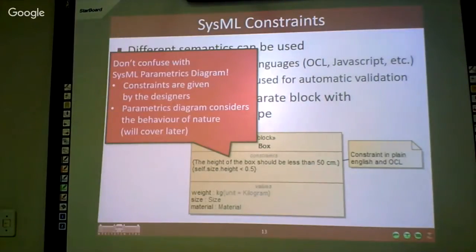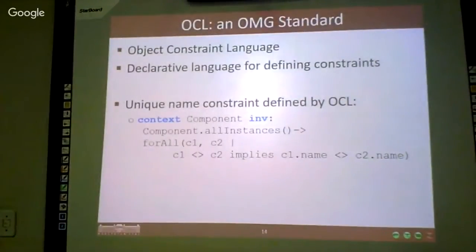And I mentioned that in SysML, you can also have the parametrics diagram, which mainly focuses on the environmental constraints, the constraints represented by nature.